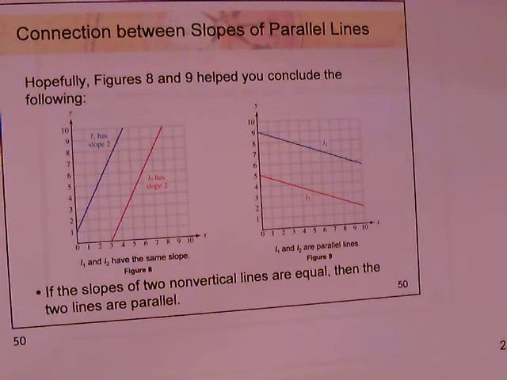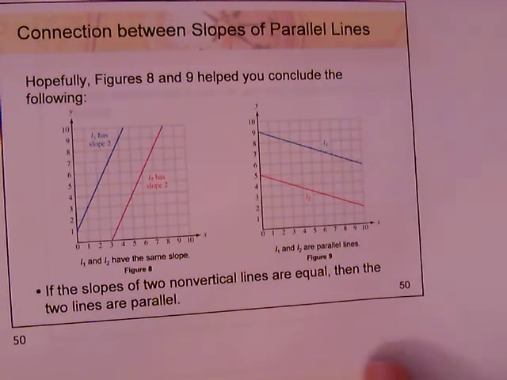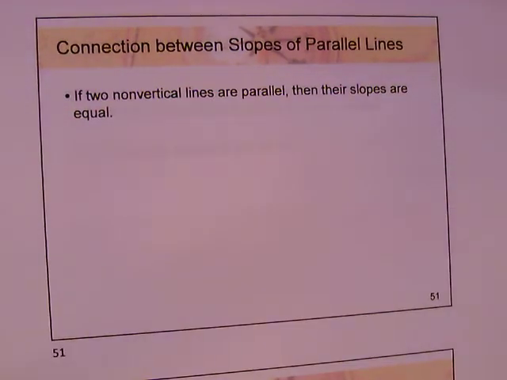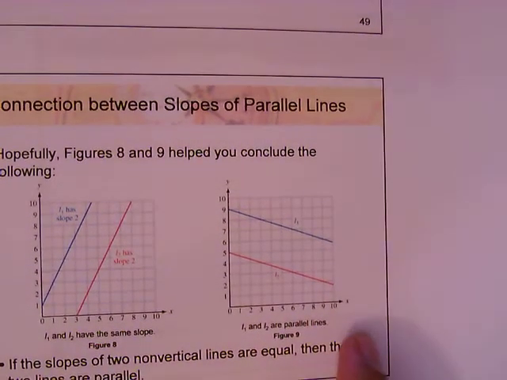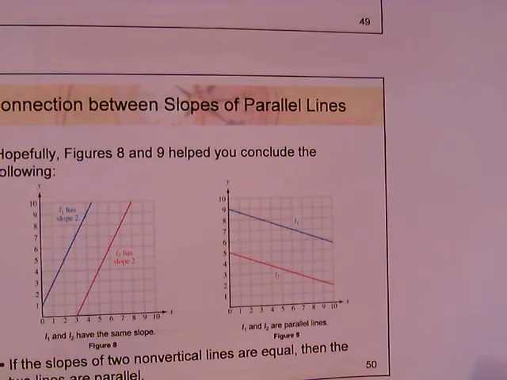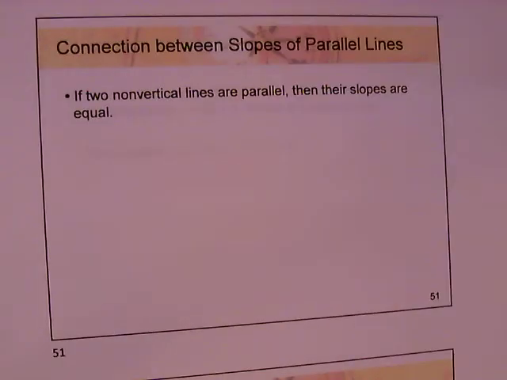So if the slopes of two non-vertical lines are equal, then the two lines are parallel. Now, the second situation is this. If two non-vertical lines are parallel, as in this case right here, you are told that L1 and L2 are parallel to each other. So that means the slopes have to be equal to each other.